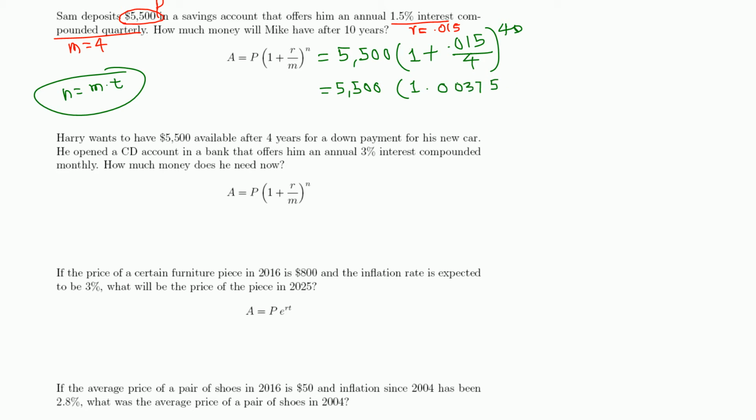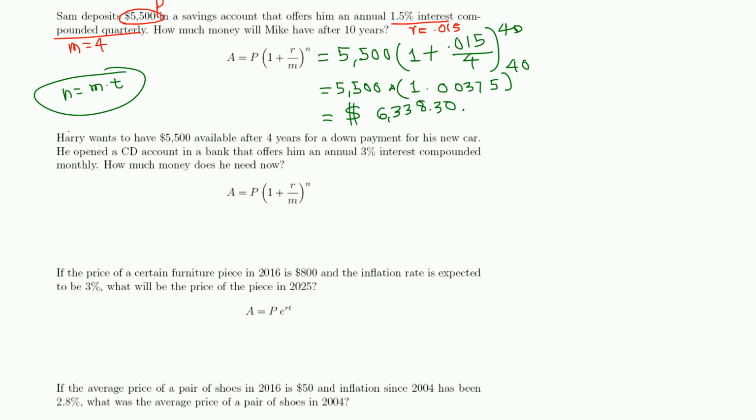Write enough decimal numbers. Now raise this to 40, then multiply by 5,500. So the answer will be 6,338.30. Or you can enter everything in your calculator and get the final answer.